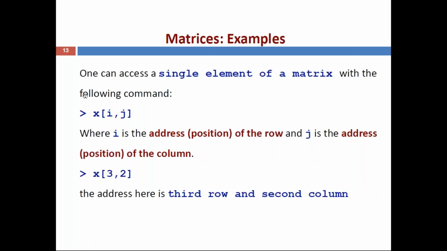Then coming to see some examples of matrices. Here one can access a single element of a matrix with the following command. If you want to access a particular element from the matrix, it can be accessed by using the command matrix name within square brackets, the row value, comma, column value, i comma j, where i is the position of the row and j is the position of the column.